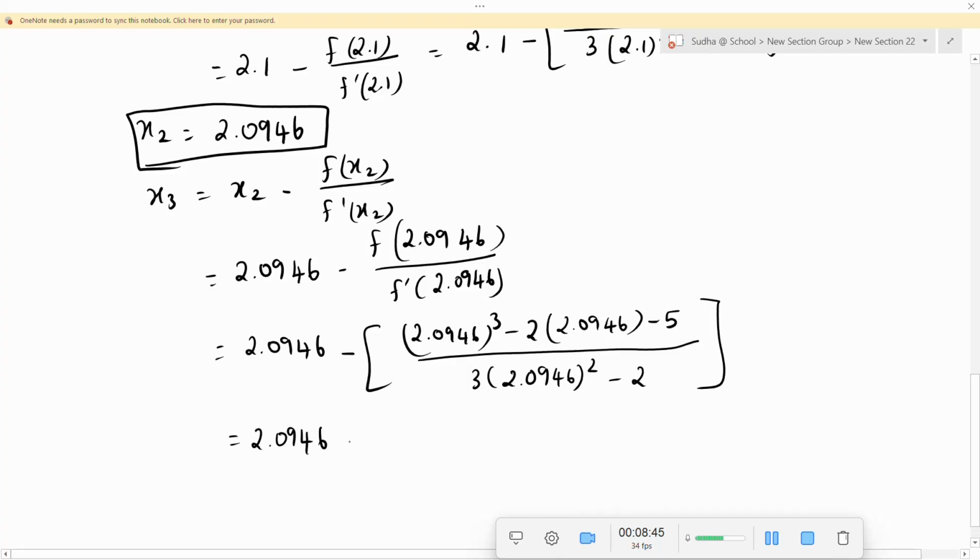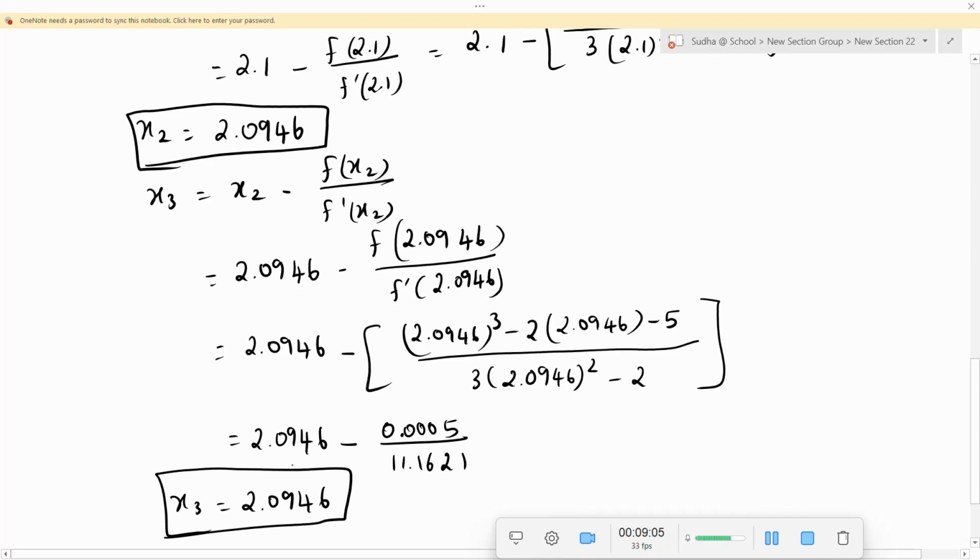So 2.0946 minus 0.0005 divided by 11.1621. Using a calculator to simplify, we'll get 2.0946. So here the exact 4 decimals of x2 and x3 are repeated.